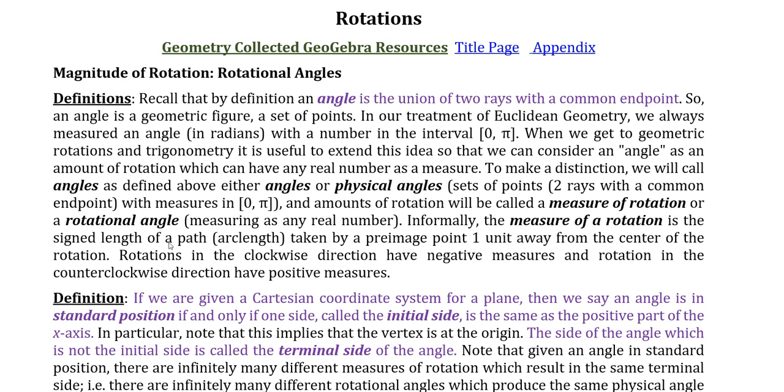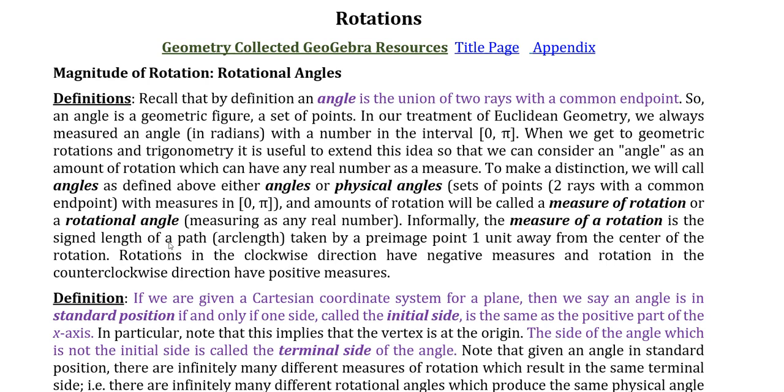Okay, so to make a distinction, what I'm going to do is call angles as we've defined them, the union of two rays with a common endpoint, either angles or physical angles. Their measures will be between 0 and pi, but an amount of a rotation will be called the measure of a rotation or a rotational angle. So that's measuring any real number there.